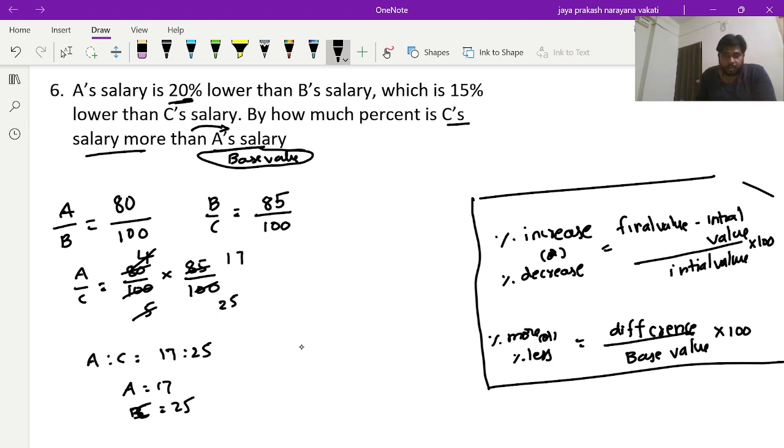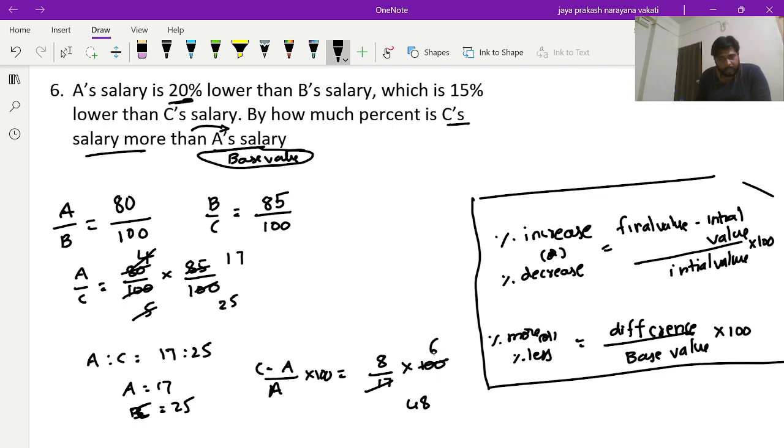Apply this formula. C's salary more than A's salary will be C minus A by A into 100. So C minus A is 8, by 17, into 100. Clearly 17 threes is 51, so this will be nearly 6 times, which is 48 when rounded off.